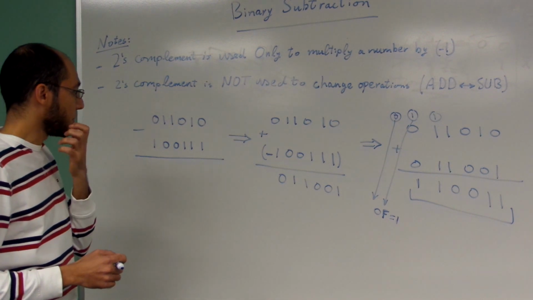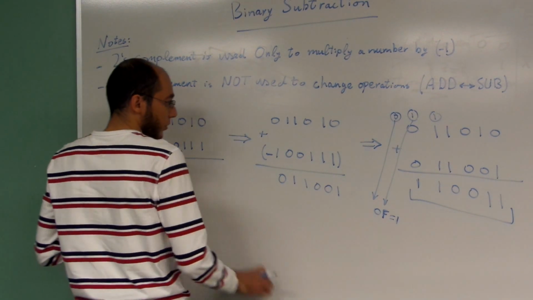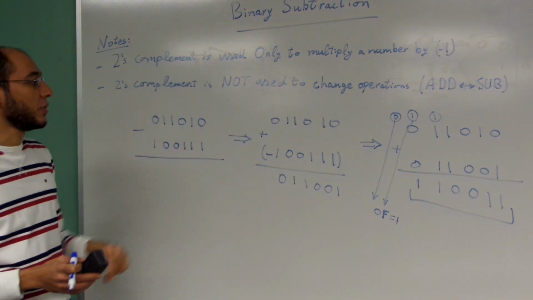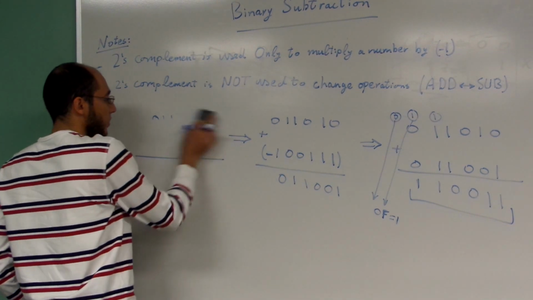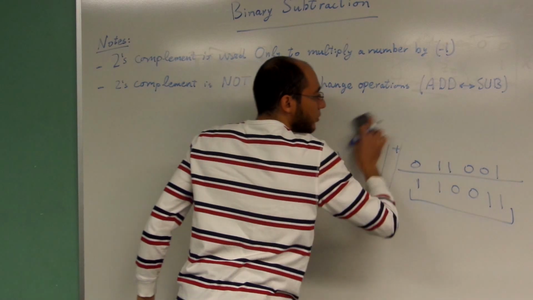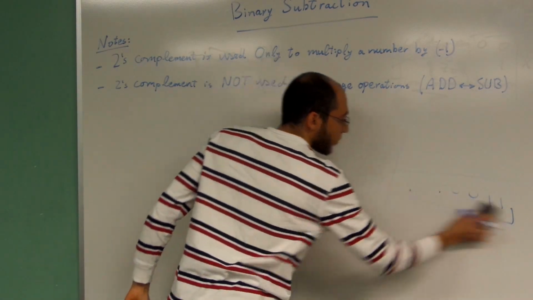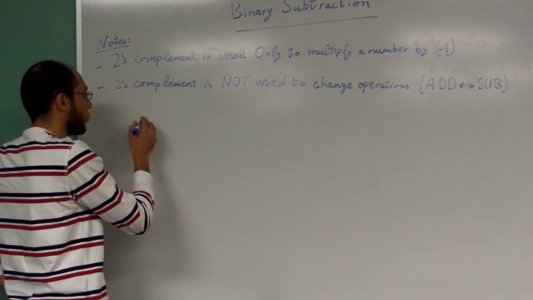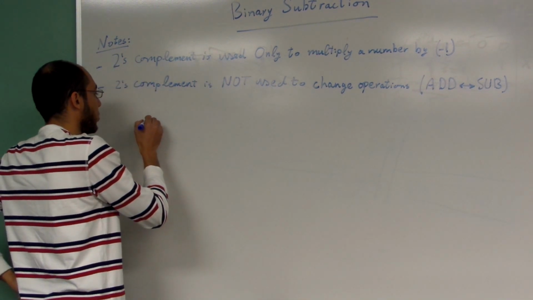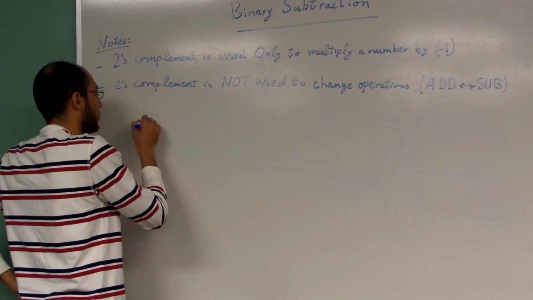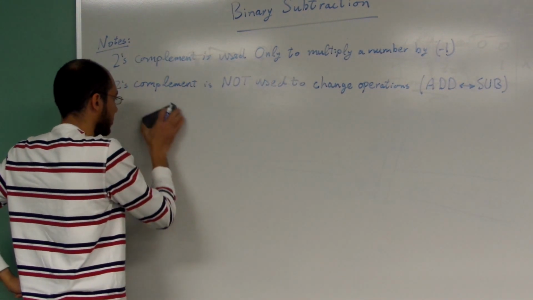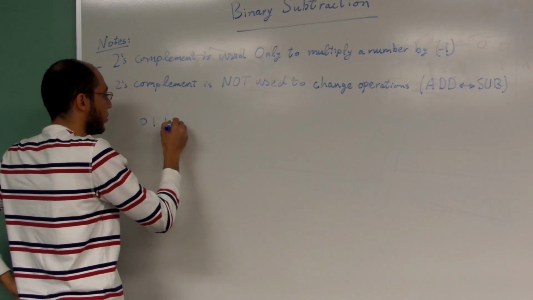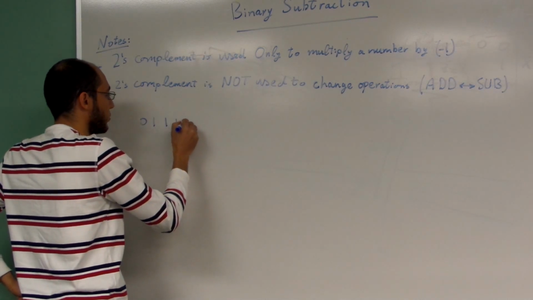So, let's take another example. At least in this example you know how exactly we do the steps. In this following example, what I'm going to show you is something where people get confused. So I'm going to say 0, 1, 1, 1, 0.